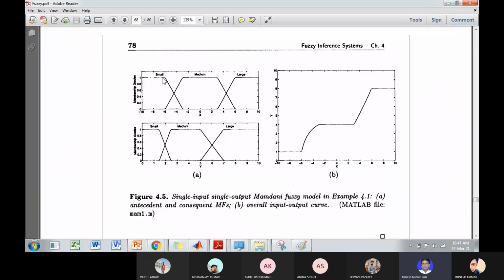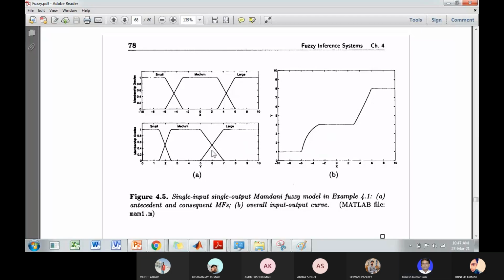Only one input is there, and suppose small, medium and large are the membership functions in x, and you have similarly membership functions in the consequent part, that is y. You have small, medium and large. So the overall input output curve will be like this.